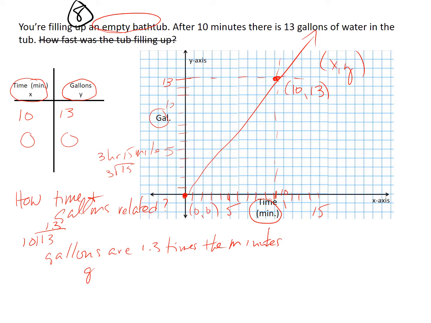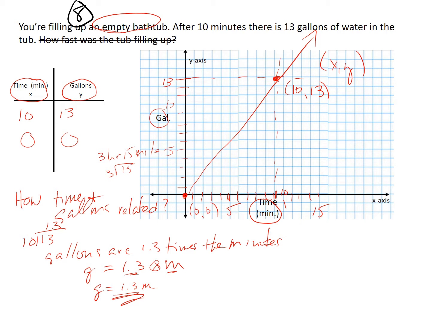So instead of writing gallons, I'm going to put G. That equals 1.3 times the number of minutes, and again, instead of writing the word minutes every time, I'm just going to write an M. And remember, if I have a number times a variable, I can lose the times symbol, because it's always times. So I could write this as 1.3M. That's the equation for this.